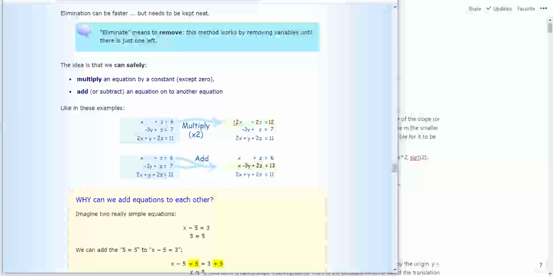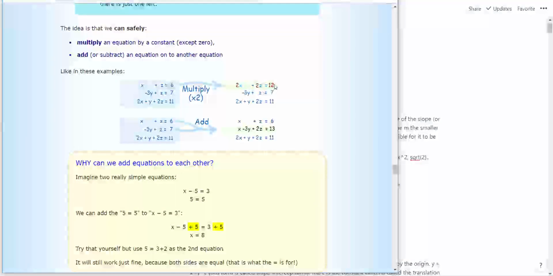So we start off here, like in these examples.